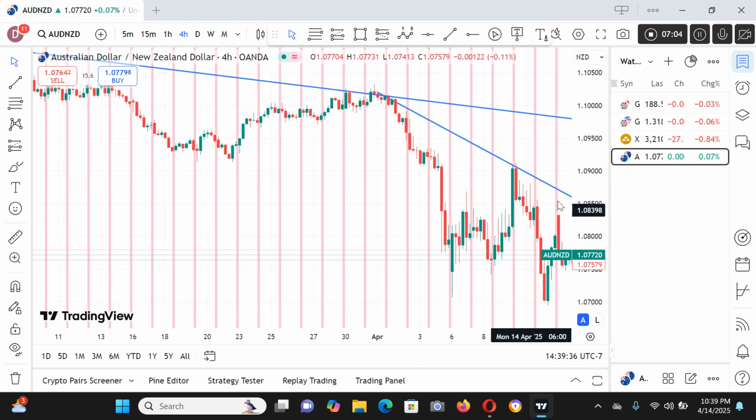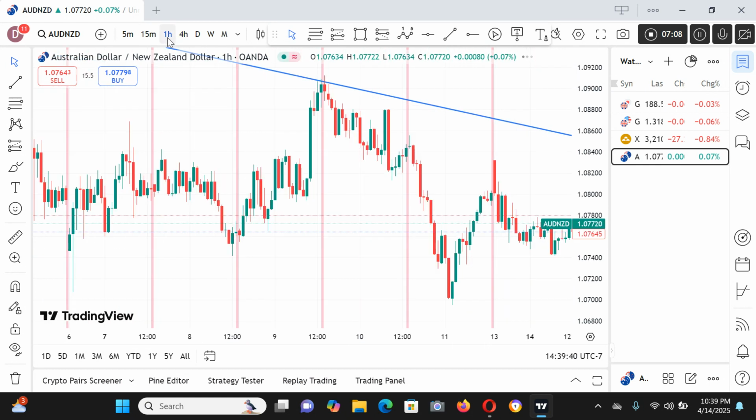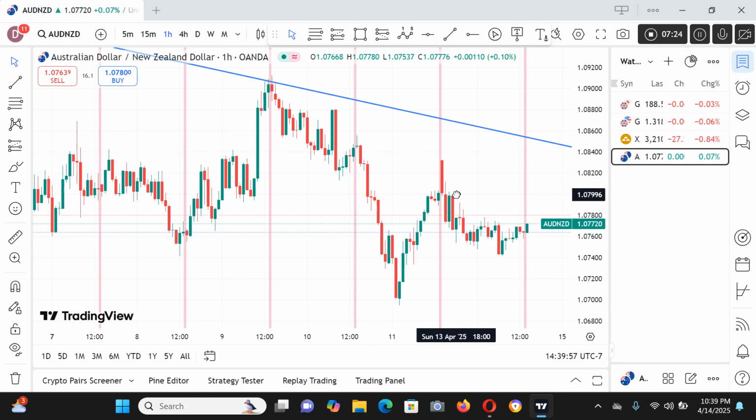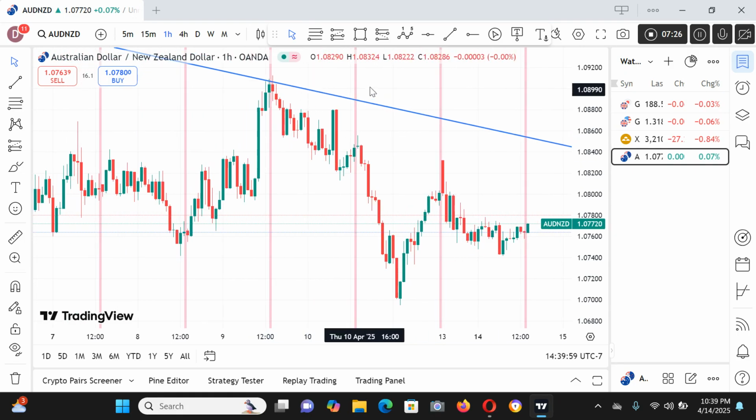Now we will go ahead and move to the current time frame, which is H1. Now the daily and 4 hour time frames are the long term trend of the market, and H1 is the current trend of the market. So as usual, we draw our trend line on the H1.